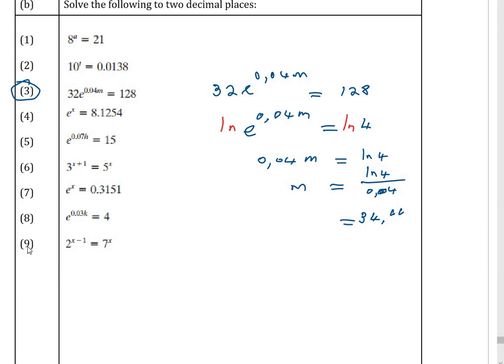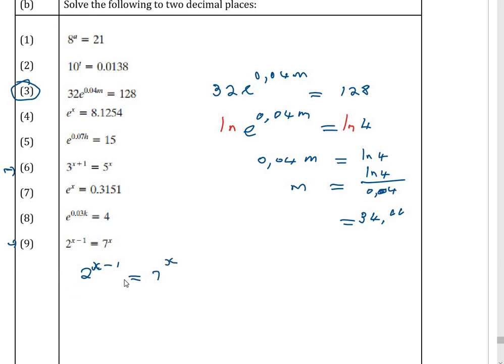Okay, let us also do something, this is the same, 6 and 9. Eeny, meeny, miny, mo, I must take you. Okay, so we take this one. 2 to the x minus 1 is 7 to the x. I must solve for x.